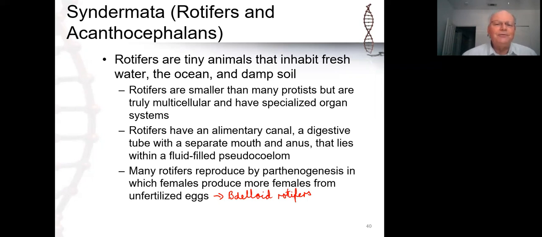Interestingly, we have subsequently discovered that the bdelloid rotifers do have a way of gaining significant genetic diversity, because they, somewhat uniquely amongst eukaryotes, are able to take up DNA sequences from their environment in much the same way as bacteria do, and incorporate these new pieces of DNA into their own genome.